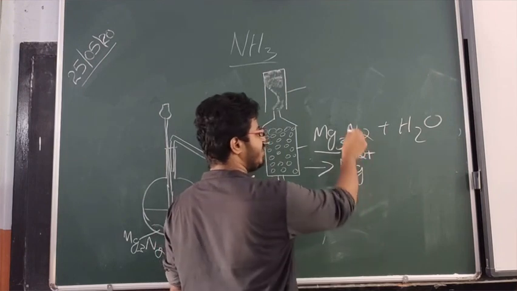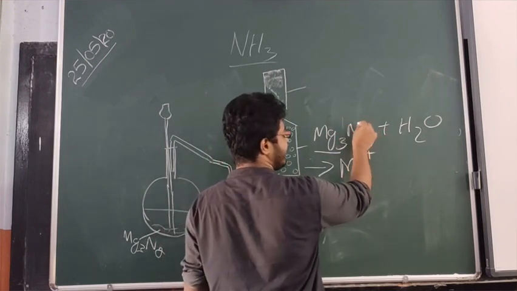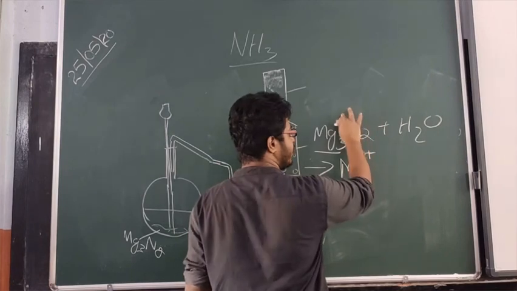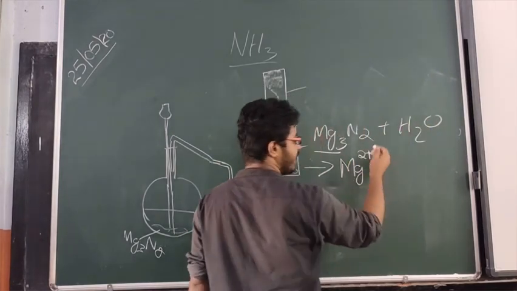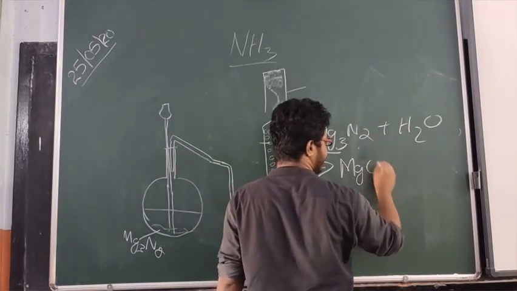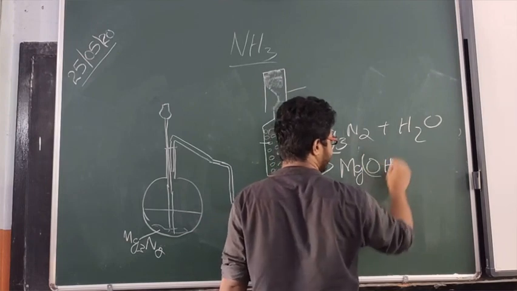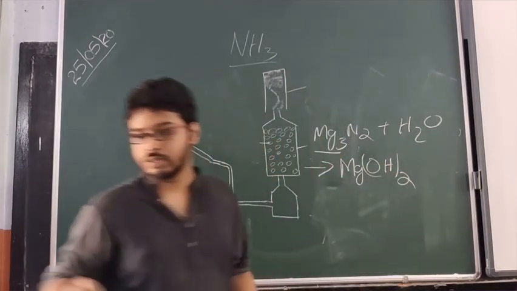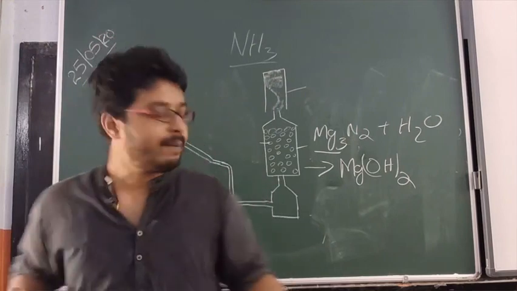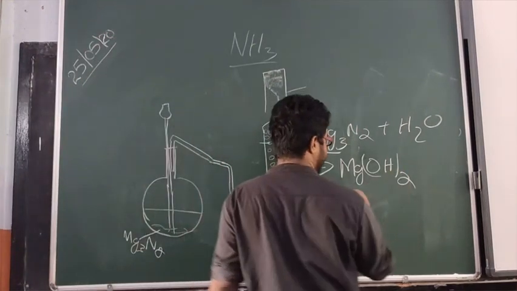After the reaction, it won't stay as the N3- ion, so the only other possible anion here is OH-. So it will form Mg(OH)2.